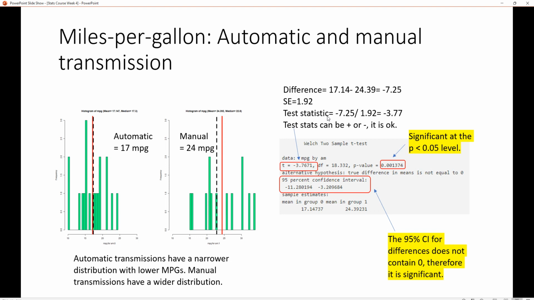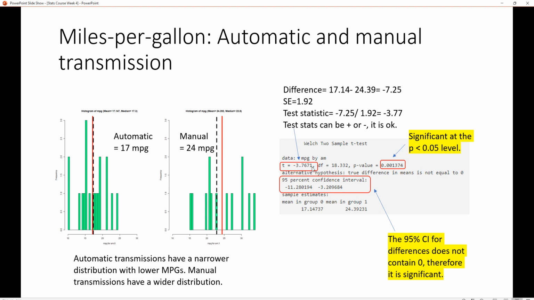Before we were talking about 95% confidence intervals based off our standard error, but we can also get a test statistic, and that's calculated as negative 7.25 divided by that standard error of 1.92, and that gives us a test statistic of negative 3.77.